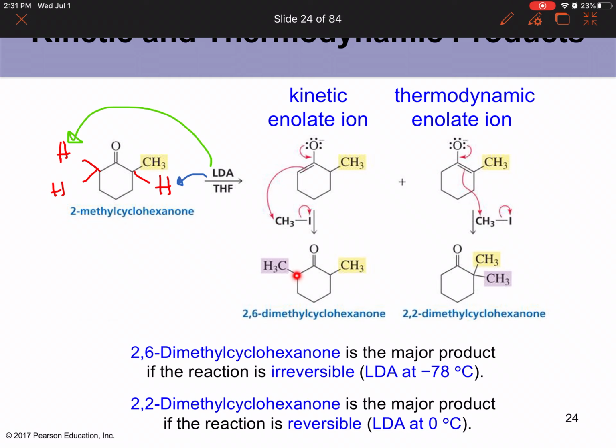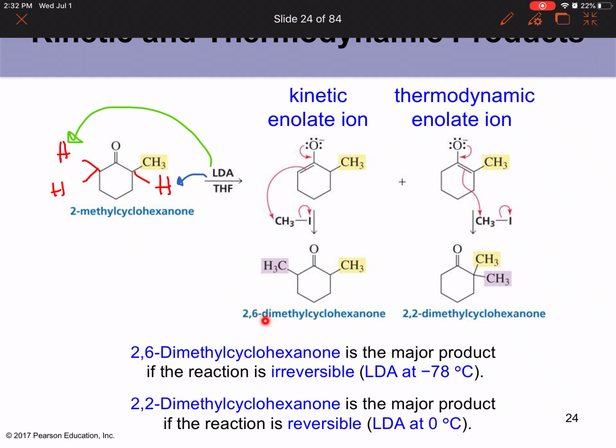You can see the kinetic enolate always prefers to take the hydrogen from the least hindered alpha position. This one is more hindered, meaning there is a methyl group. It's difficult to reach there, but here it is more open. It is quick. So kinetic is quick. Kinetic energy, right? The molecules are moving fast.